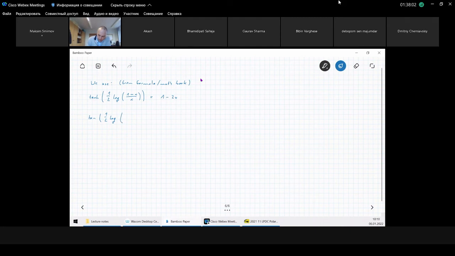So we apply this to our 1 minus P_int I prime divided by P_int I prime. This is 1 minus 2 times P_int I prime.